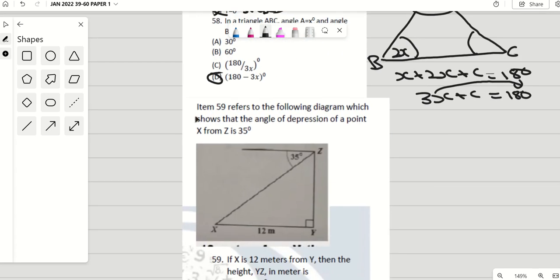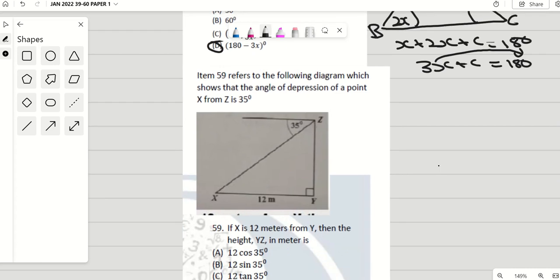Right, number 59. Item 59 refers to the following diagram, which shows that the angle of depression of a point X from Z is 35. Now, I told you guys, look for the Z's, the letter Z. If you look at this here, this is Z. And I told you the internal angles are always the same, so this angle here will also be 35 degrees.